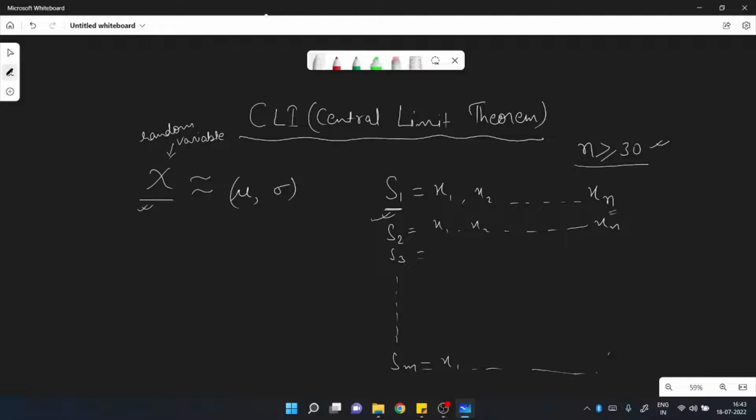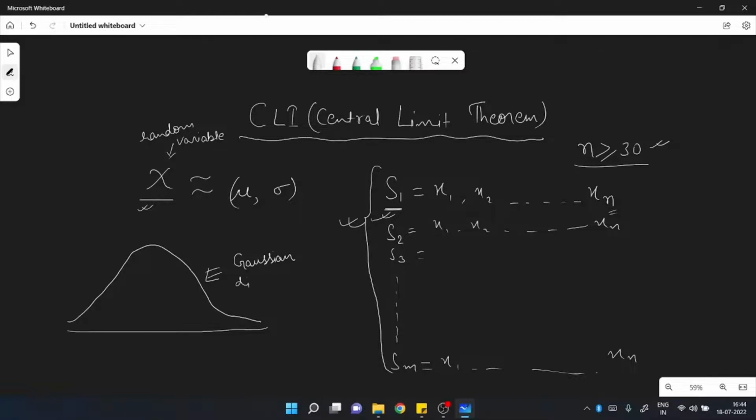If I plot all these samples with the help of a histogram or a probability density function, the type of distribution that I am going to get is a Gaussian distribution.